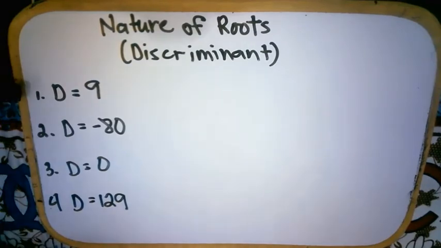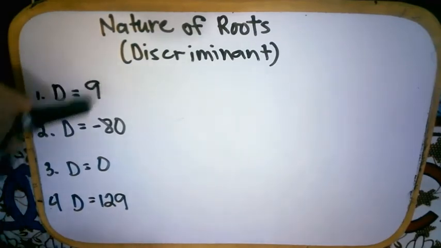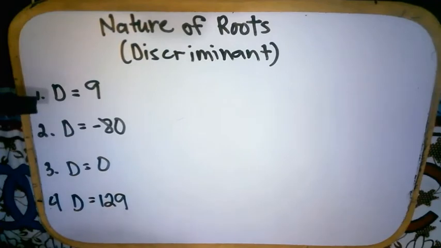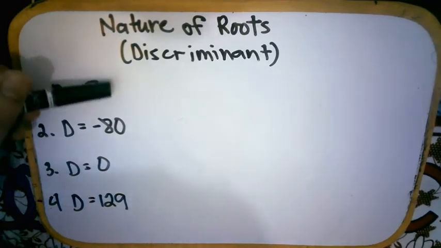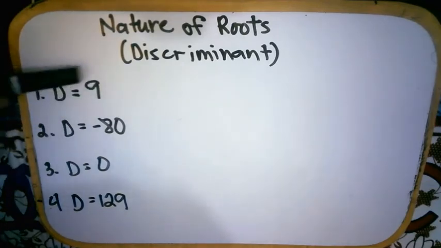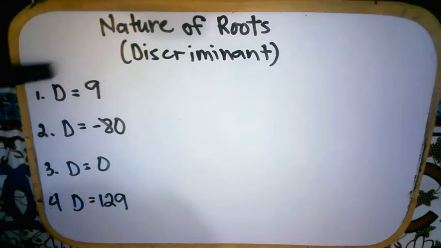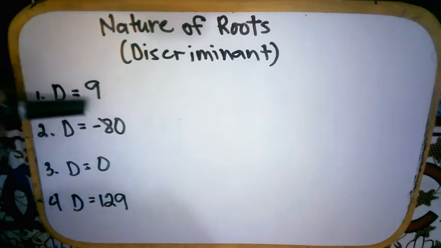Okay? Ngayon, we have here the value of the discriminant, and then ang gagawin lang natin is to give the number of real roots and then kung ano yung nature niya. Syempre, i-interpret natin or i-observe muna natin kung ano yung value. Now, we have here 9. Analyze muna natin.